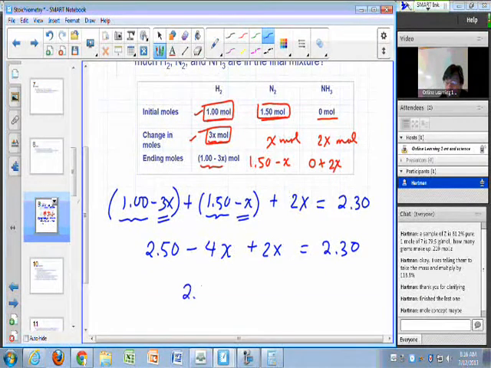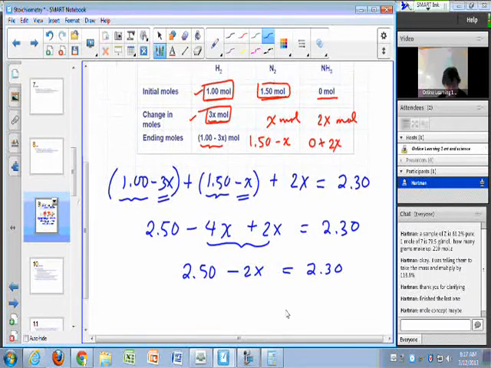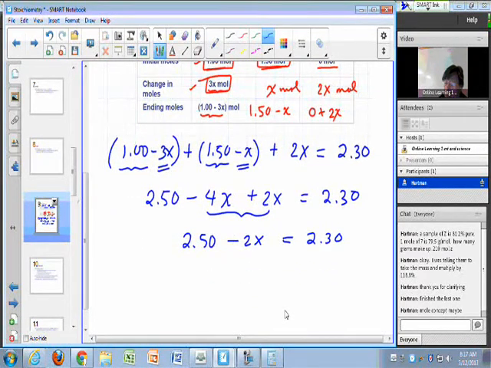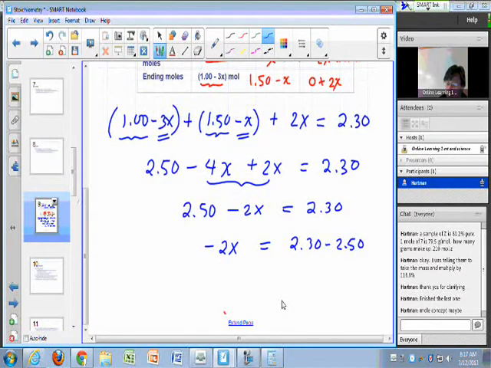So 2.50, negative 4x and 2x would be negative 2x equal to 2.30. Subtract 2.50 from both sides, so negative 2x would be equal to 2.30 minus 2.50. Divide both sides by negative 2.